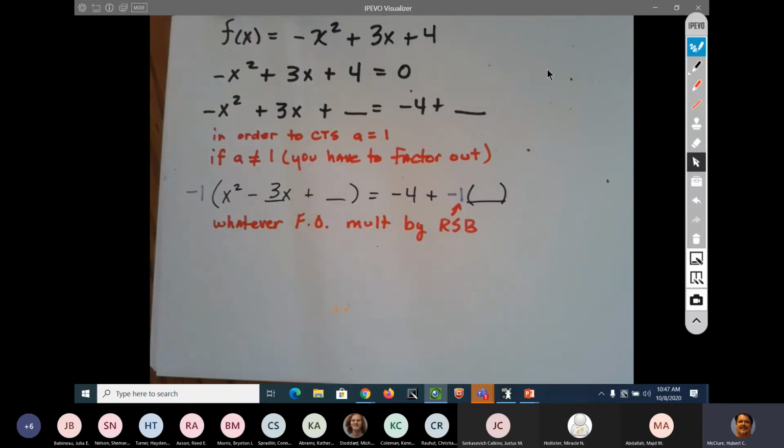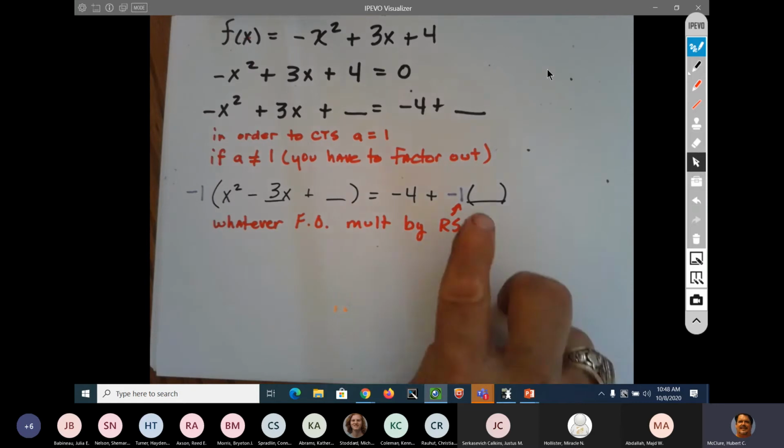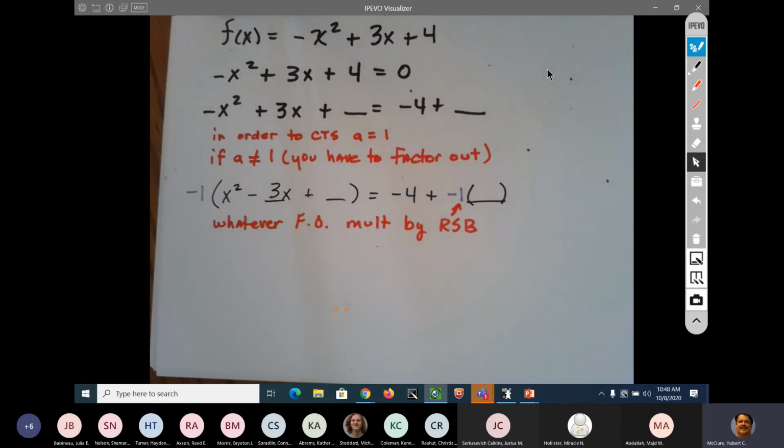Miss Hollister, when you were taught completing the square, were you taught to do it all on the left-hand side? Yes. And that's why it was confusing. So it's either I confuse you with the left-hand side, or tell you to just do this and trust me, and I hope you would do the latter.